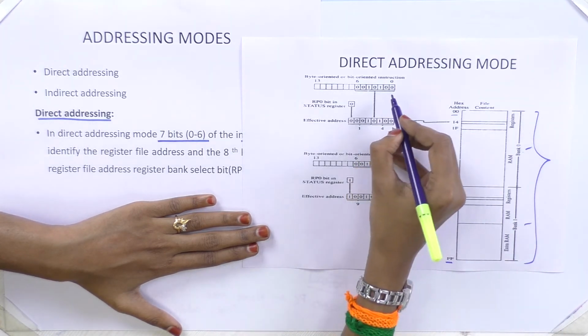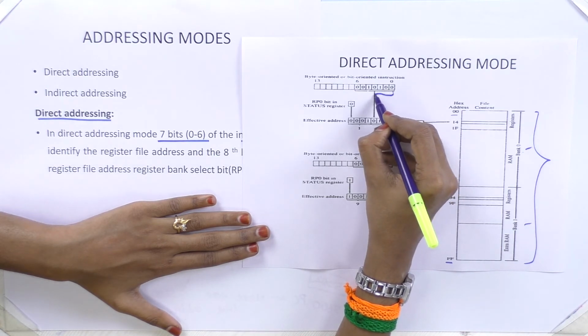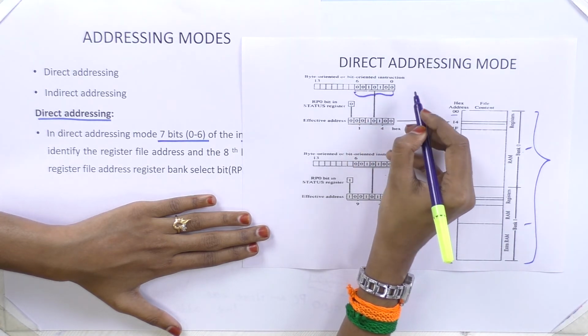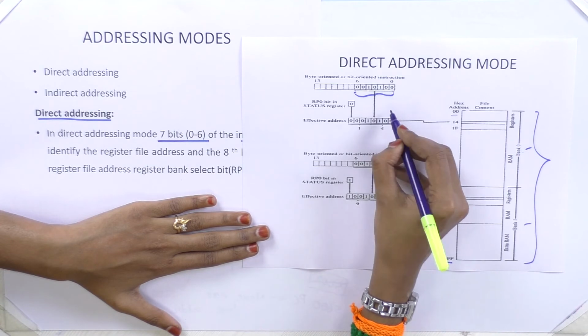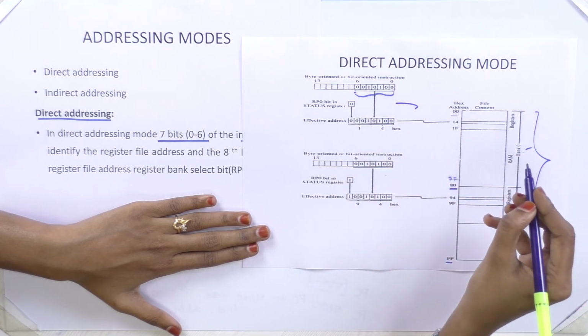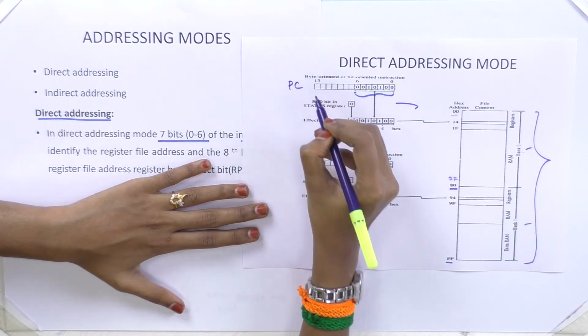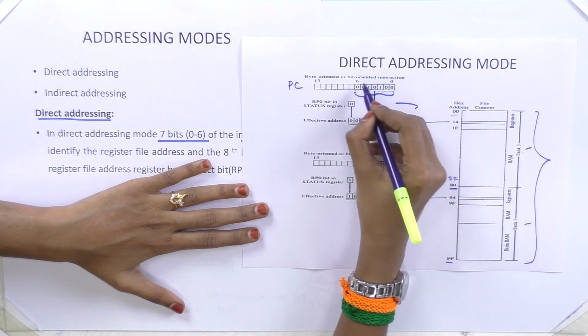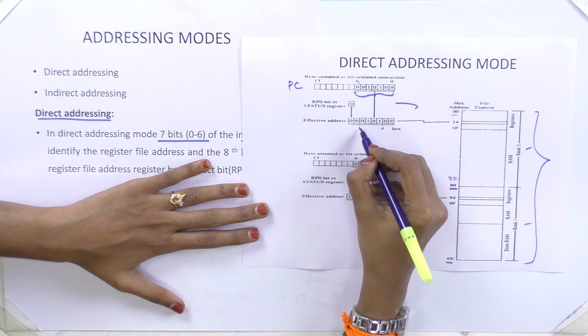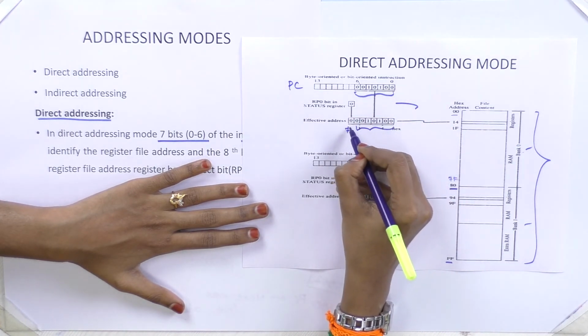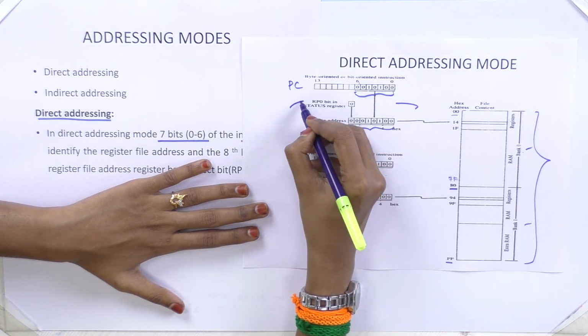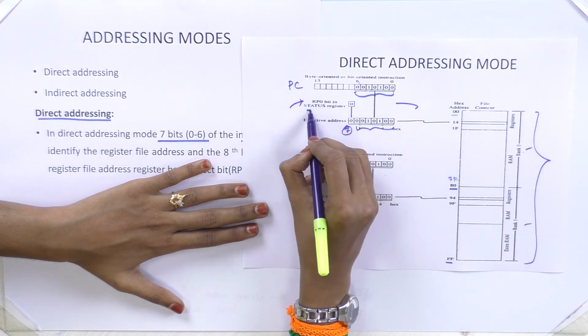The 8-bit address will tell you where to access. From the program counter, bit number 0 to 6 will tell you the address, and then the 7th bit, nothing but your 8th bit, will be from the RP0 bit of the status register.